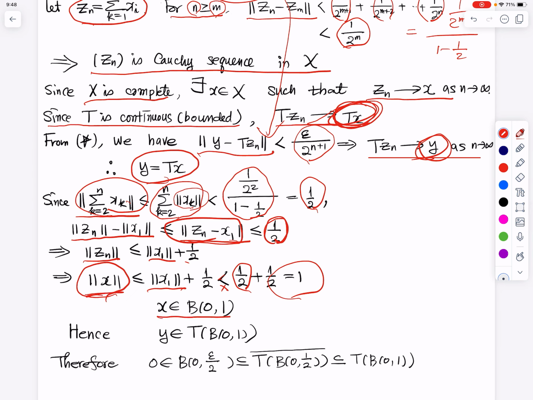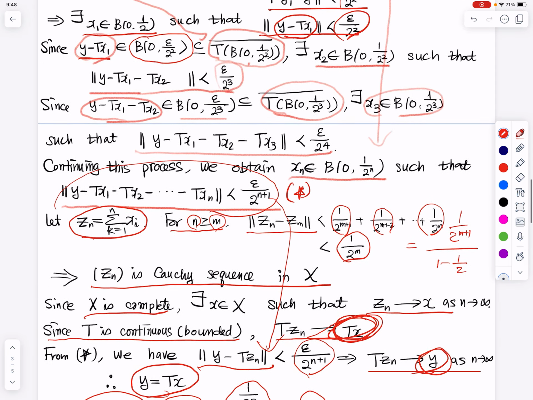So that x belongs to B(0,1). So what we proved here: y equals Tx, and x is an element in B(0,1). So y belongs to T(B(0,1)).